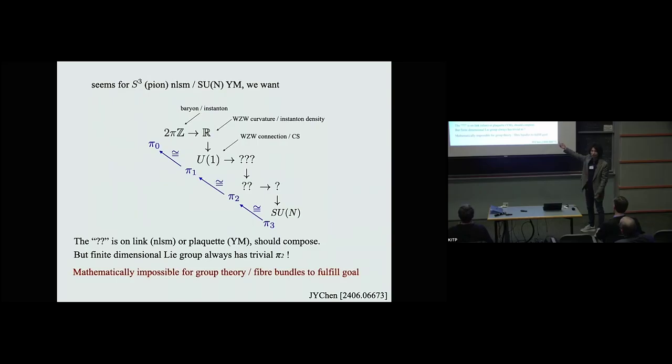We want to be able to sample things. But the simple fact is all finite dimensional Lie groups have trivial pi2, so they are not going to fulfill this requirement. Actually, by a little bit more mathematics, you can show that not only would groups not work, any fiber bundle, so these stairs are actually fiber bundles, any fiber bundle would not fulfill the goal.